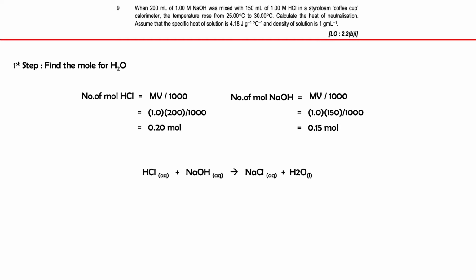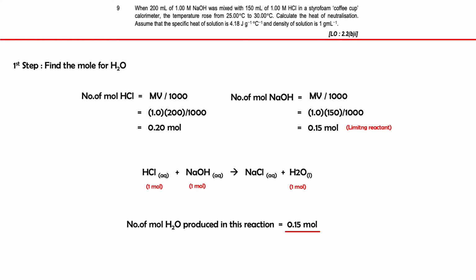Of course the limiting reactant here is NaOH. Because the ratio is 1 to 1 and the production of H2O is also 1 to 1, we can conclude that the number of moles of H2O produced in this reaction is 0.15 mole.